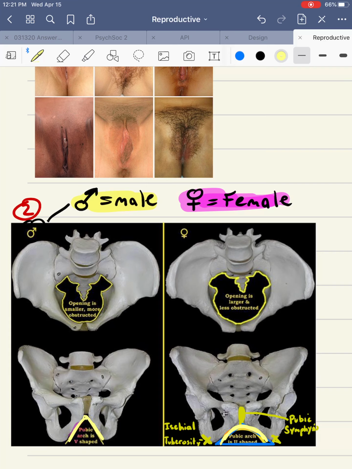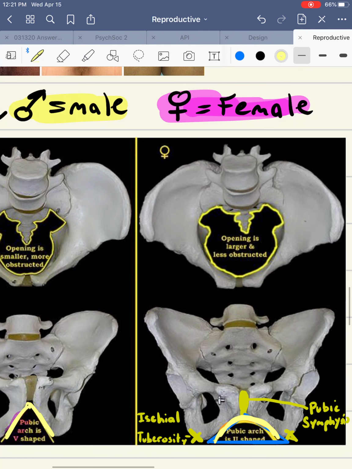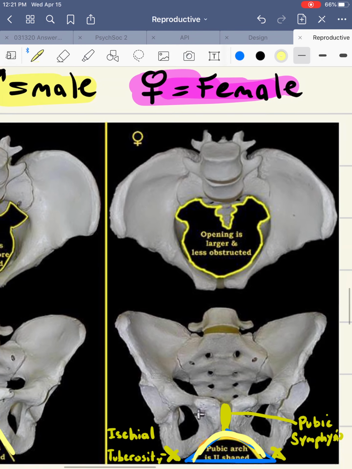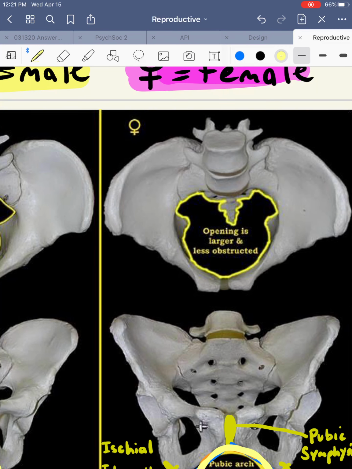If you look at the angle of the pubic arch for a female, it is greater than 90 degrees, which is known as an obtuse angle, right? Also, the female's opening is a lot larger than a male's, for childbirth purposes.